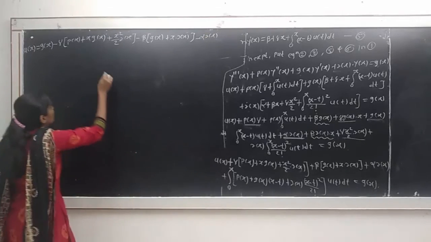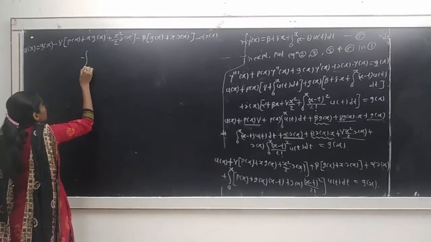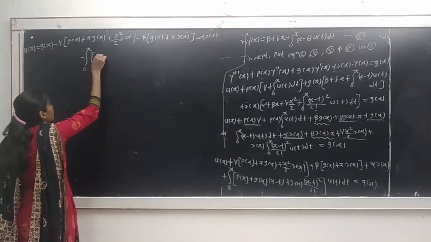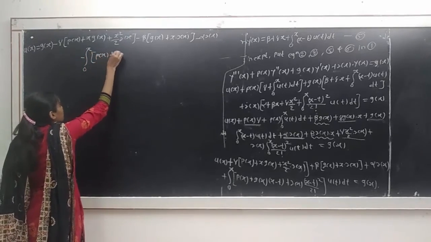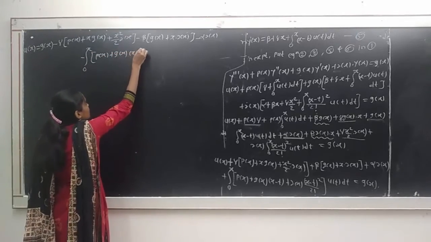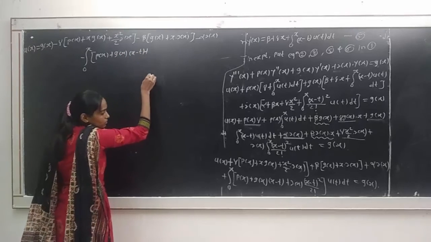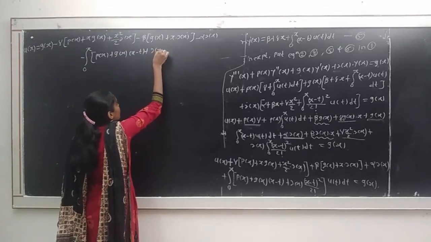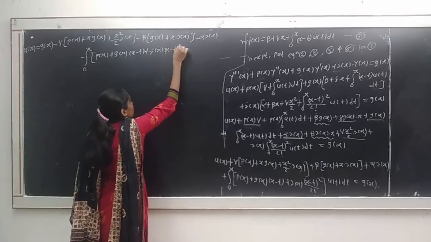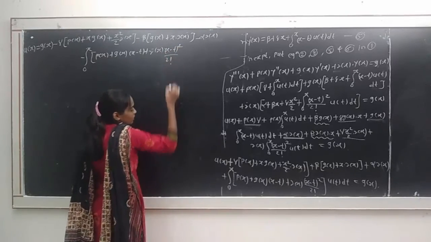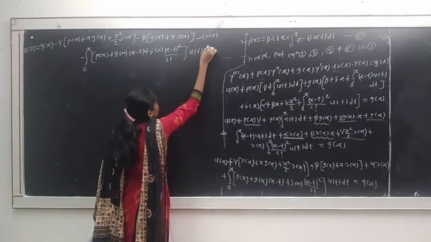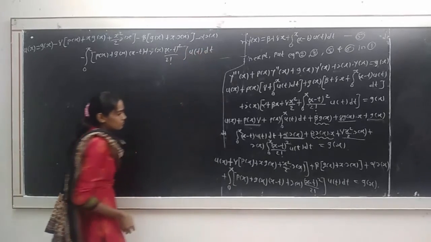Then minus this integration from 0 to x in bracket p of x plus q of x into x minus t plus r of x into x minus t bracket square divided by 2 factorial into u of t dt.